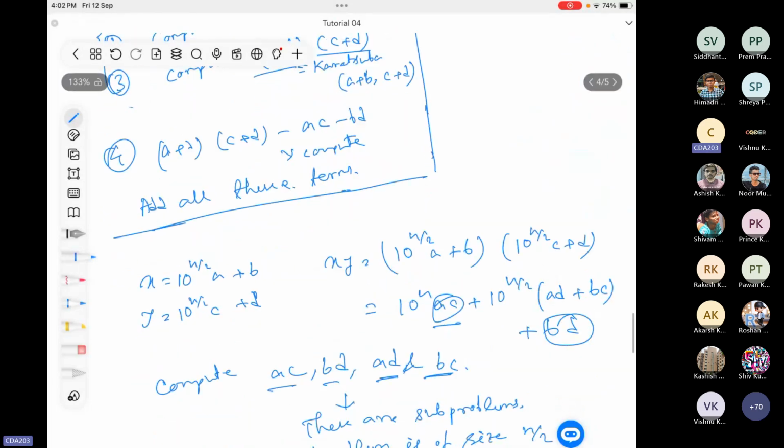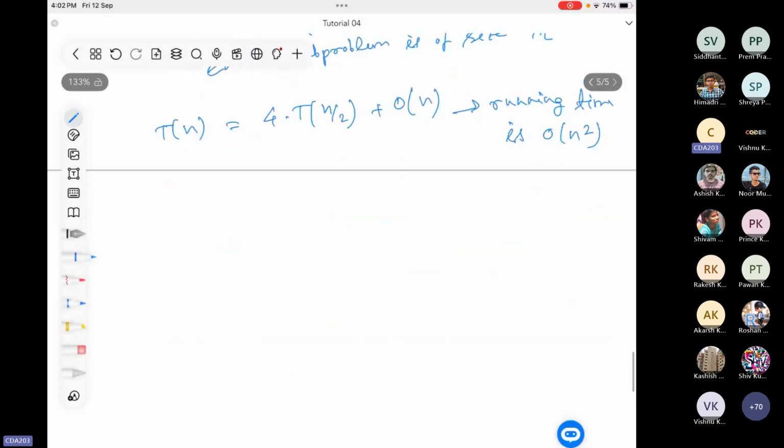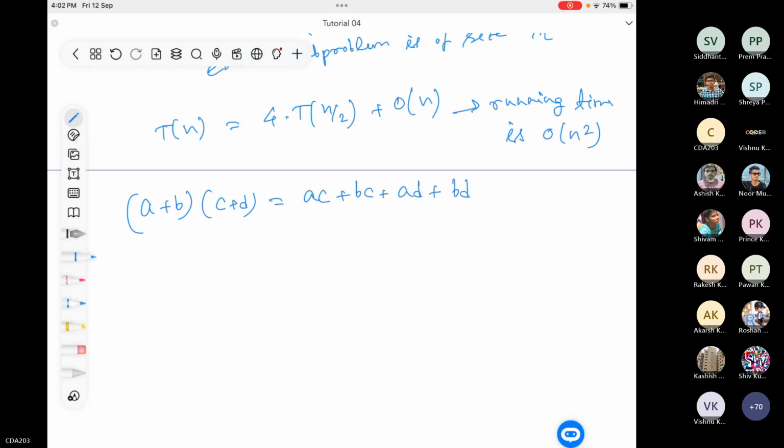How? Look at this A plus B into C plus D. How is this helping us to reduce the running time? This step is actually the catch. If you break it, you get this number, right?